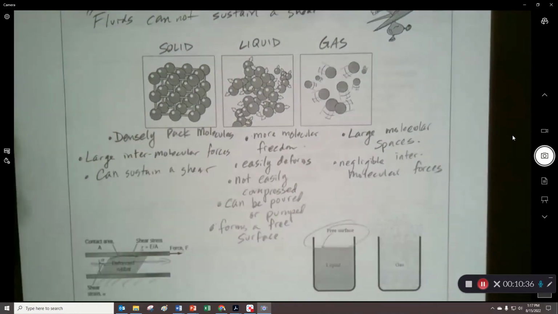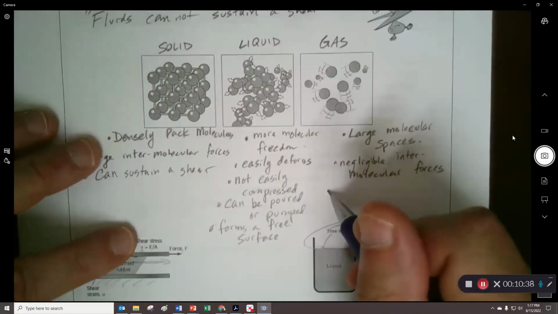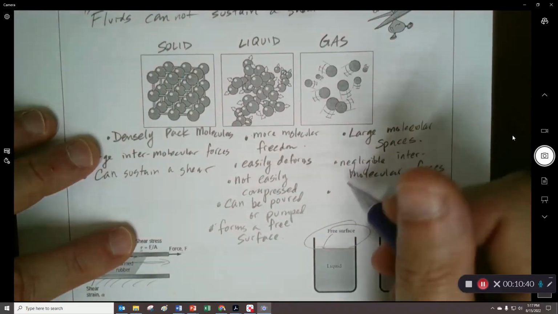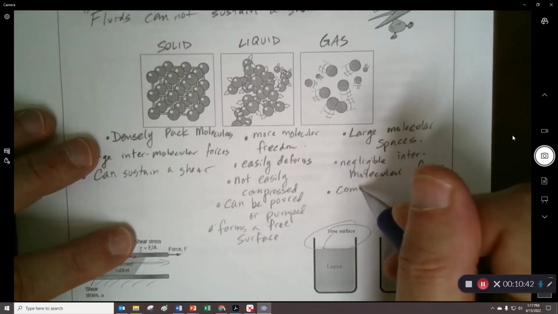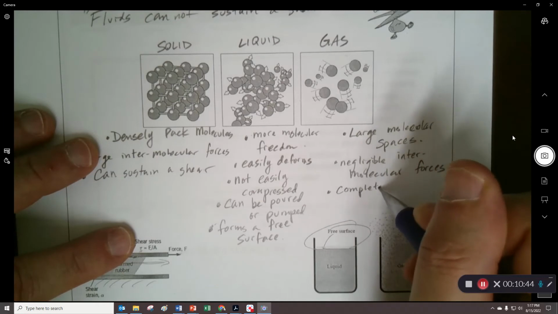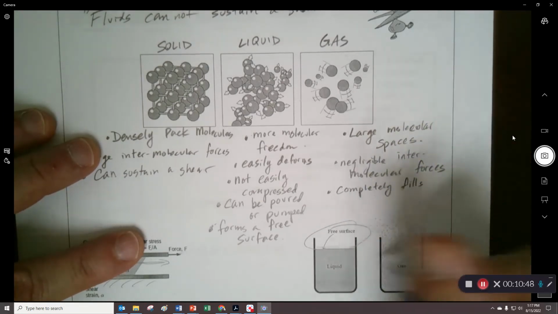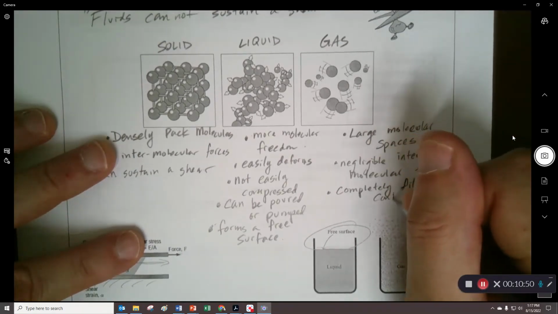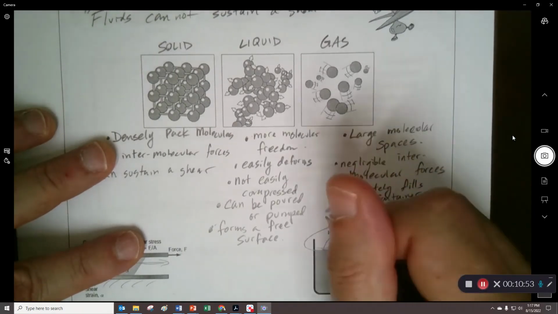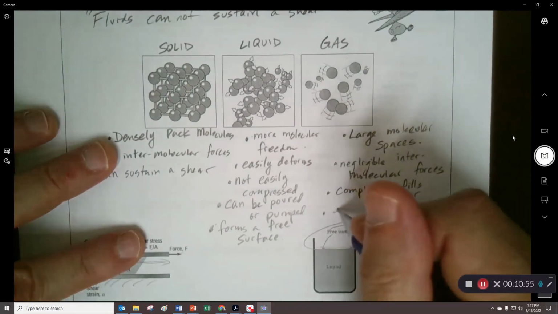I should just have it as a PowerPoint, but PowerPoint's boring. But is this any better? I don't know. The gas completely fills the container. That's why I have that little picture down there. And it's pretty easy to compress it.